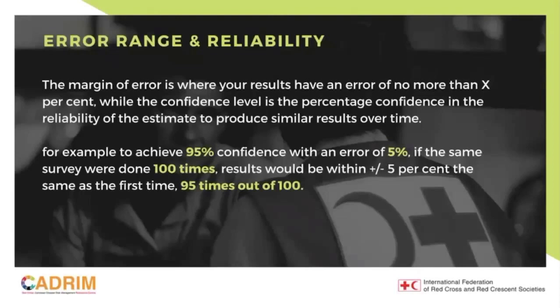So when we have a margin of error, we will have a confidence level. As we are going to have a margin of error in our survey, we will have a confidence level, that is the percentage confidence in the reliability of the estimate to produce similar results over time. So, for example, usually in our surveys, we want to achieve 95% confidence with an error of 5%.